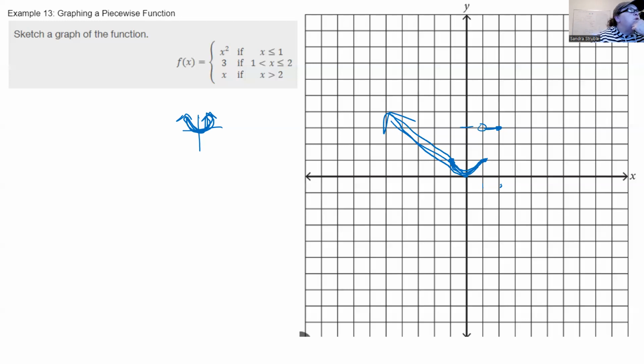And then the third one is y equals x, which is just a straight line that goes through 0, 0, 1, 1, 2, 2, 3, 3. So it's going to start at x greater than 2, but 2 is not included. And then it's going to just keep going straight through these because it's greater than. See if I can connect these and get a decent line for y'all. Okay, there we go.